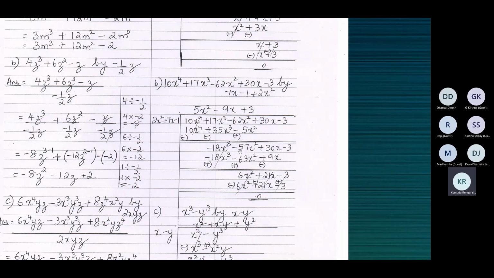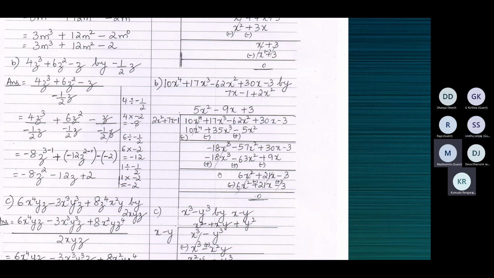Now, what is this one called? New dividend. It's the first new dividend. Again, repeat. What should you divide now? 2x square, ma'am.